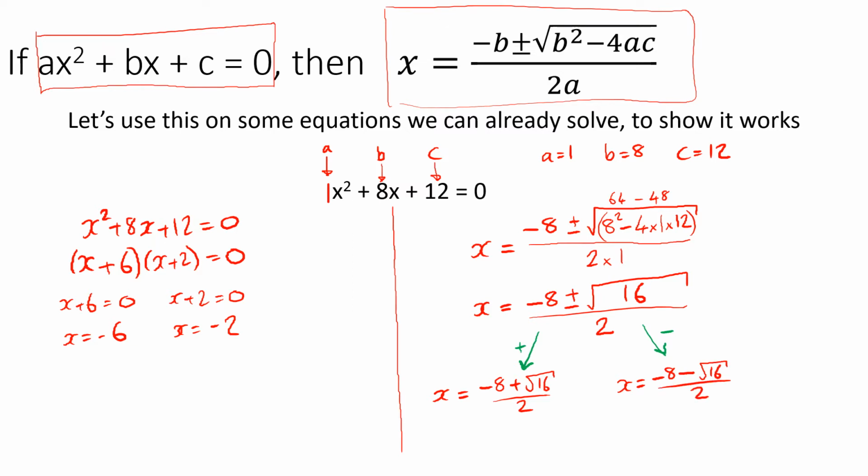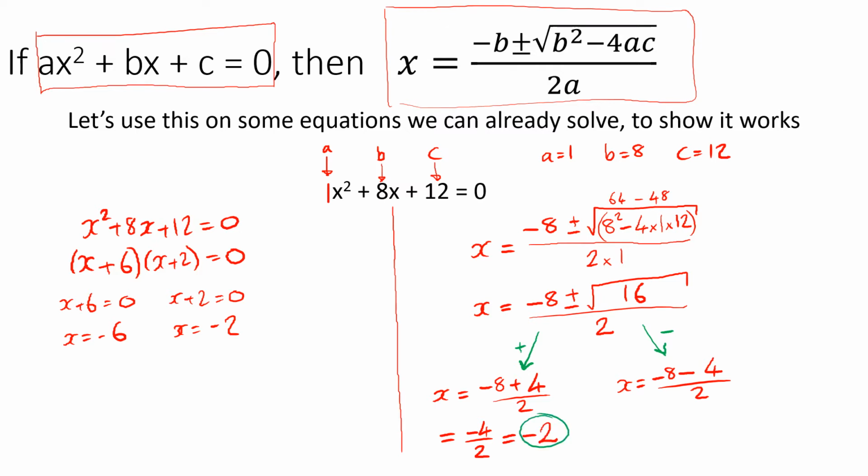Okay, this can be simplified. The square root of 16, well, that's just 4. So let's write that in instead of the square root of 16. And then think about this. This is a fraction where the top of it is -8 plus 4. That's -4 over 2. So our possible x value there is -2.